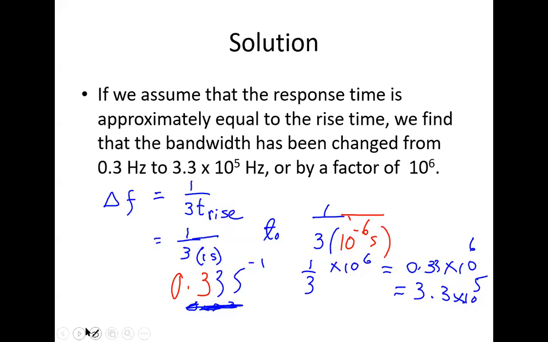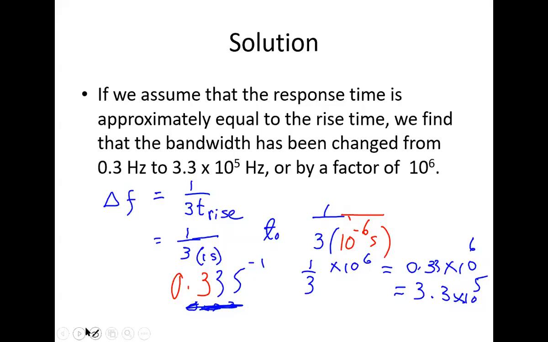If you look at these numbers, if you divide one number over the other, they have the same 3. So it gives us a factor of a million. This is where we get this number.